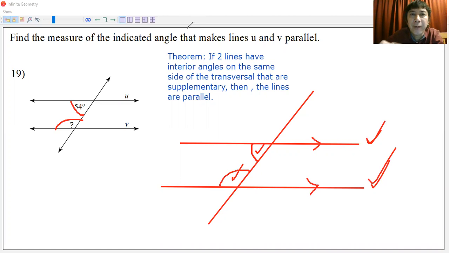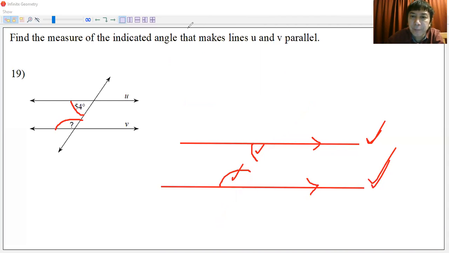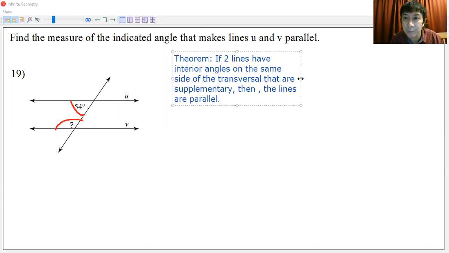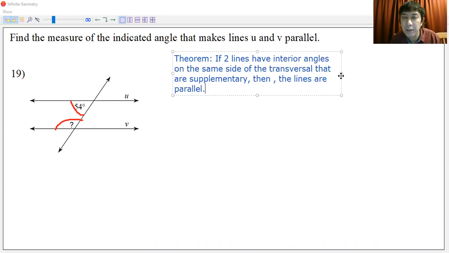All right, so let's solve. Let me just write the theorem. If two lines have interior angles on the same side of the transversal that are supplementary, then the lines are parallel.